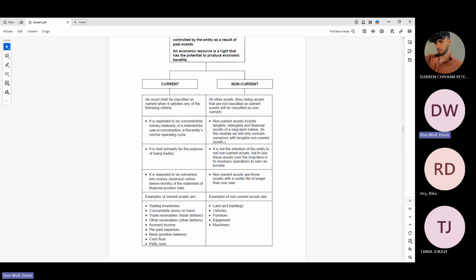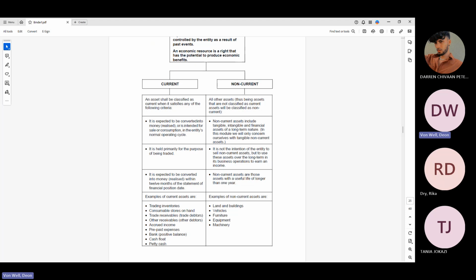When it's unfavorable, it becomes a current liability. Just remember this. This is very important because that's basically the only account that can change, either being an asset or being a liability. So when it's a favorable or positive balance, it's an asset. When it's unfavorable, like an overdraft or a negative balance, then it becomes a current liability.